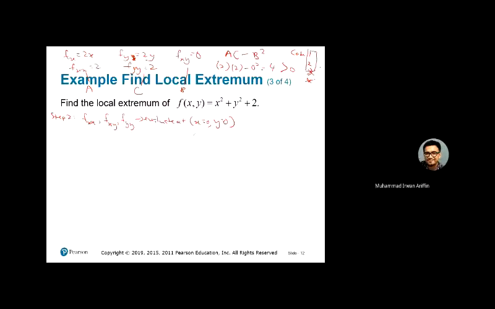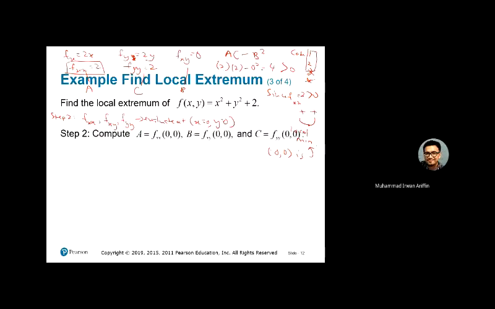To know which case, we need to evaluate f sub xx. Even when we substitute 0 here, there is no x, so this becomes 2. It is positive, so positive means we have a local minimum. So (0, 0) is a local minimum.